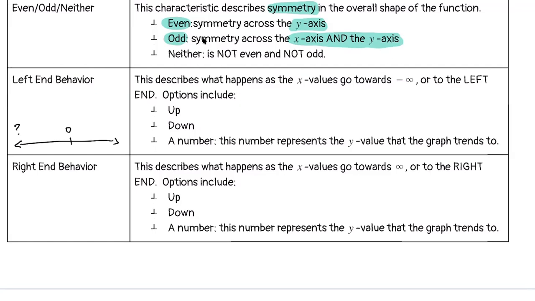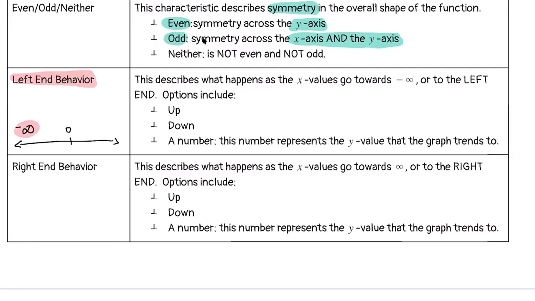Yeah, I'm going to negative infinity, okay? So instead of a question mark, let's put negative infinity. So left end behavior says what happens as we go to the left end of the graph.